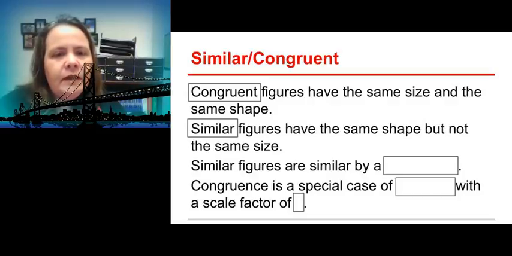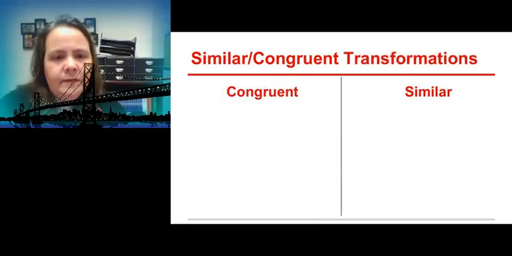Then similar figures have the same shape but not the same size. All right, and as I talked about earlier, similar figures are similar by a scale factor. And then congruence, when you have the same size and the same shape, is just a special case of similarity, or of similar figures. And in that case, the scale factor is equal to 1.